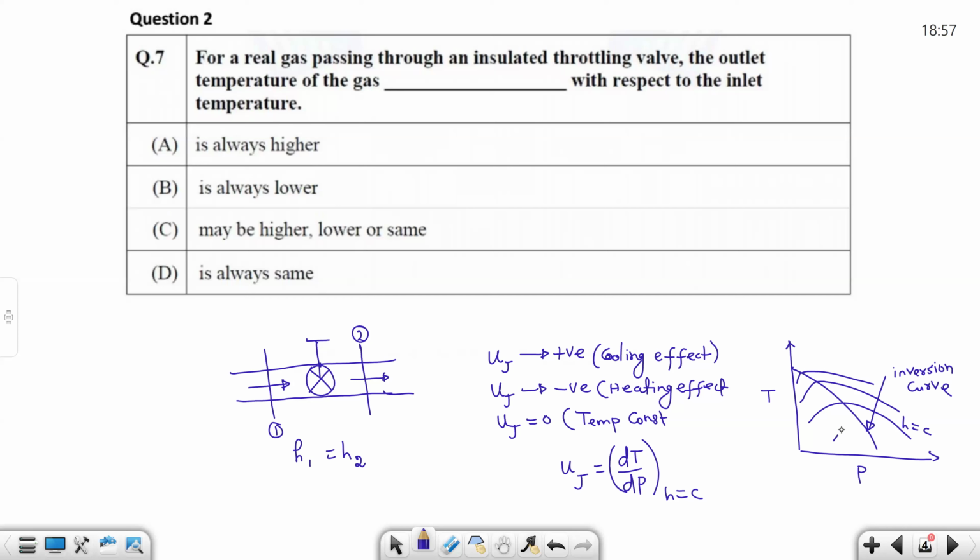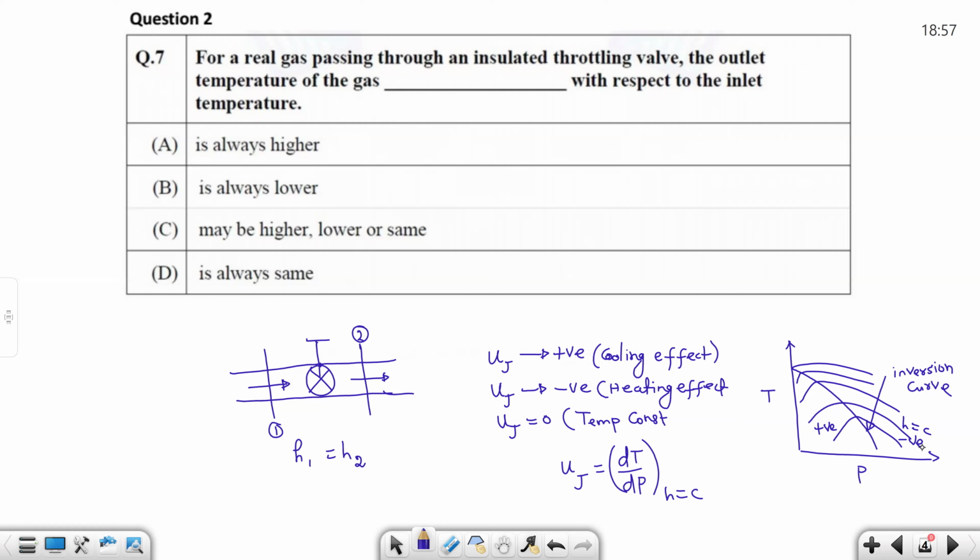So you will find that the slope will be positive here. Slope is positive here. Slope will be negative here.